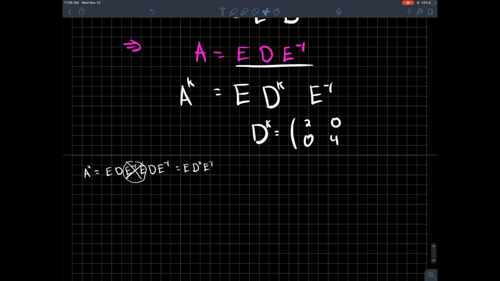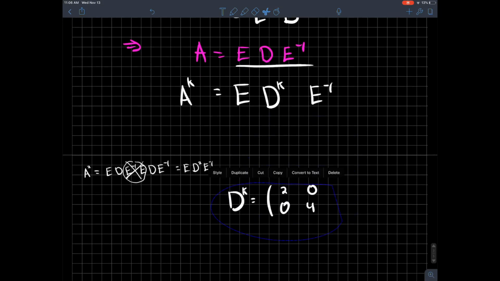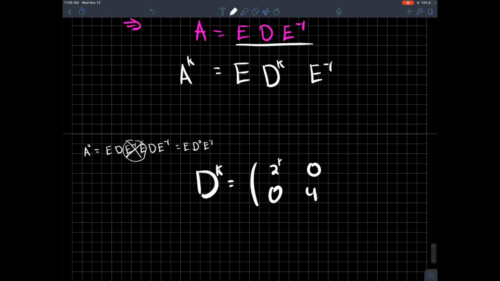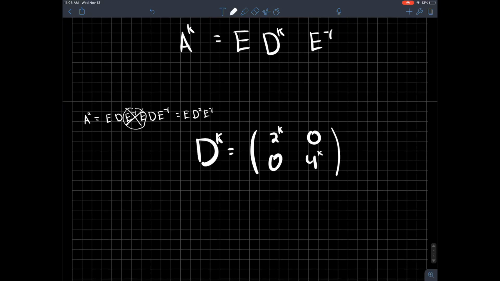Let me bring this out here and make it a little bigger so we can all see. We're going to have a K here at the top left, and at the bottom right, we're also going to have a K. What we also need for the Taylor series is to divide by K factorial. It's just a scalar, so let's do it term by term.